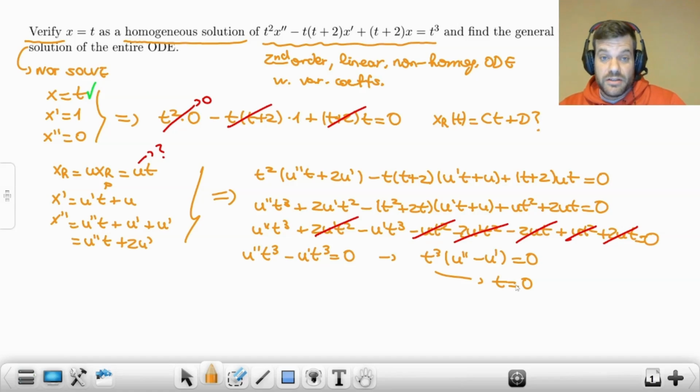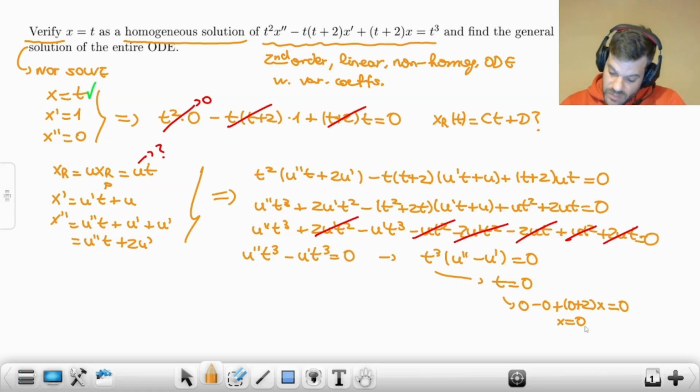But checking in the original differential equation, if x equals 0, we have t squared times x double prime, so 0, and substituting in the main equation, minus again times t, which is 0, plus 0 plus 2 times x equals t cubed, 0. So I mean, it's just a point, x equals 0, t equals 0. Not very interesting. A constant output, null output, well, but we covered that option.